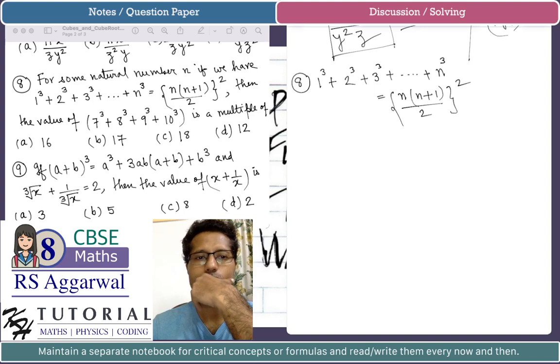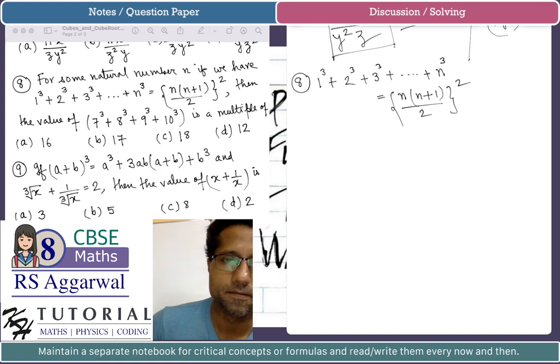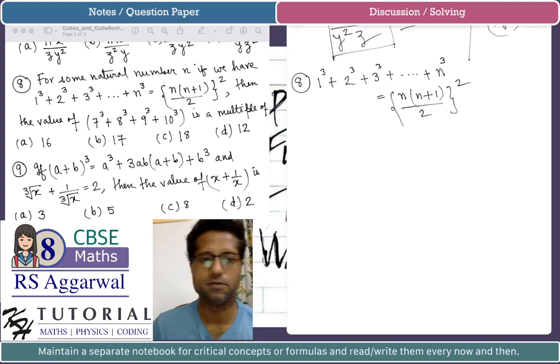So this is the formula given. Based on this formula, we have to find the value of 7 cube plus 8 cube plus 9 cube plus 10 cube and say which of the given choices it is a multiple of.